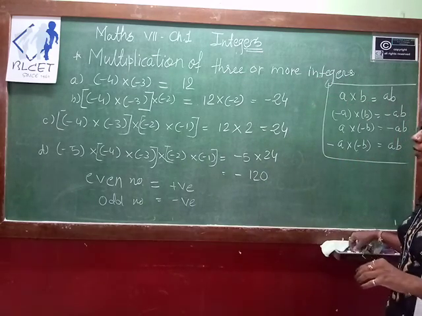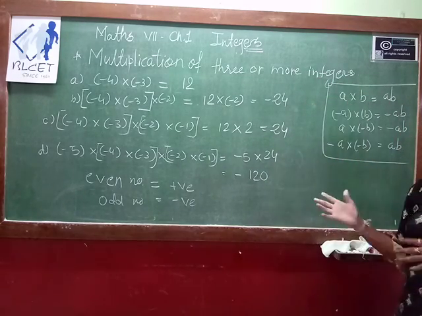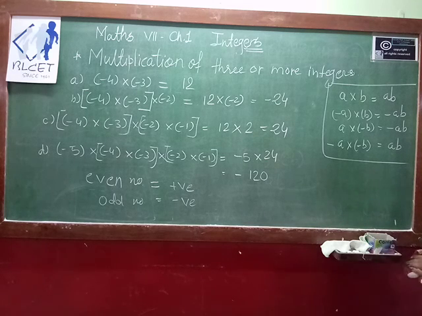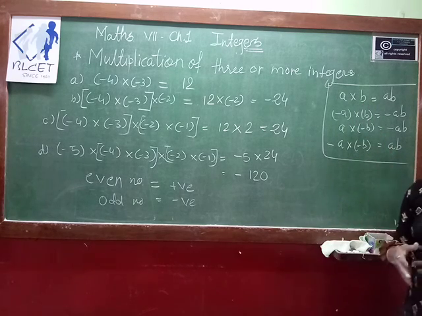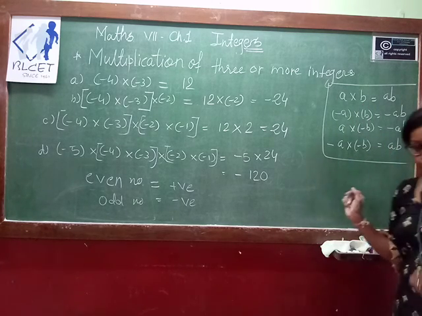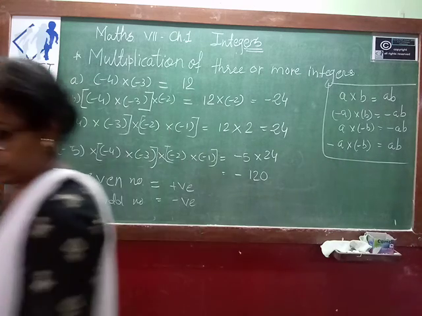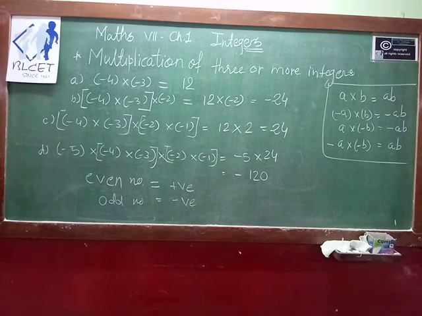Keep this in mind whenever you multiply 3 or more integers. It is better to do the multiplication with the help of these rules. So this is all about multiplication of negative integers.